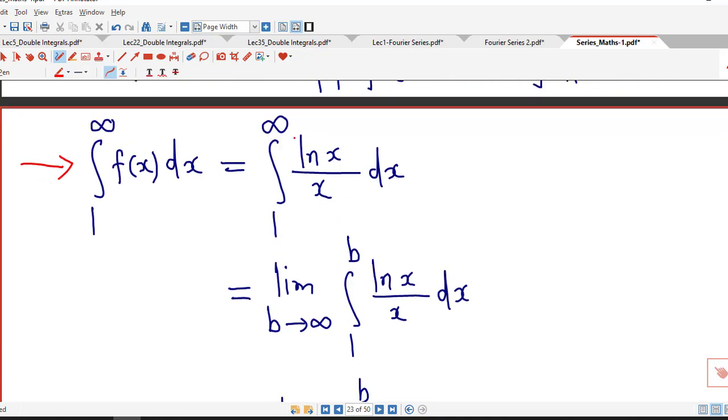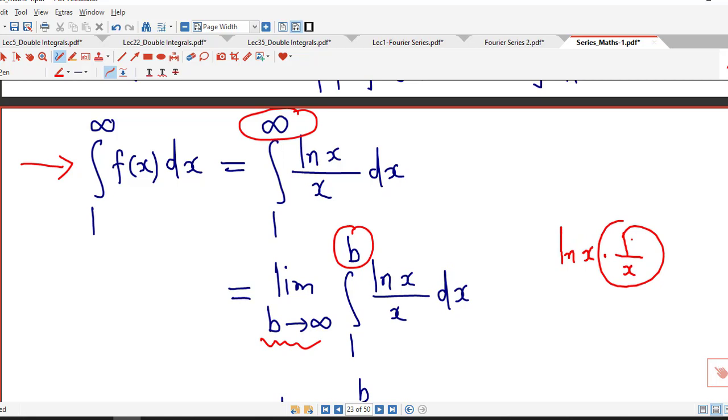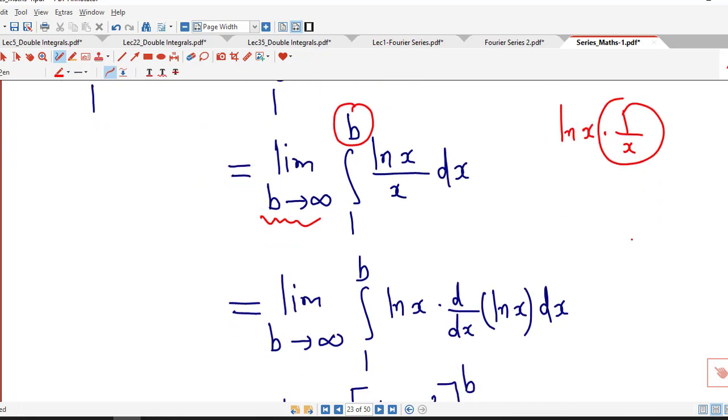Now this is an improper integral, so we replace infinity by b and we consider the limit as b tends to infinity. Now we can rewrite log x by x as log x into 1 by x, and 1 by x is nothing but the derivative of log x.